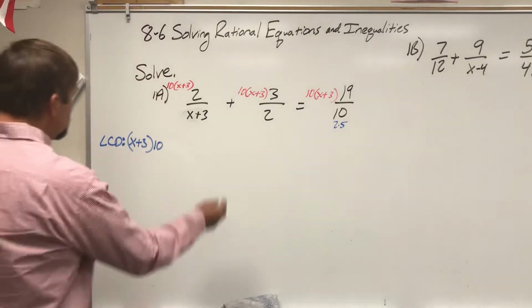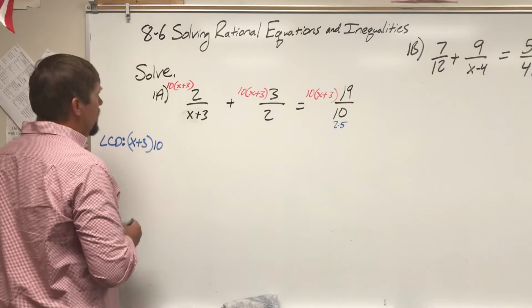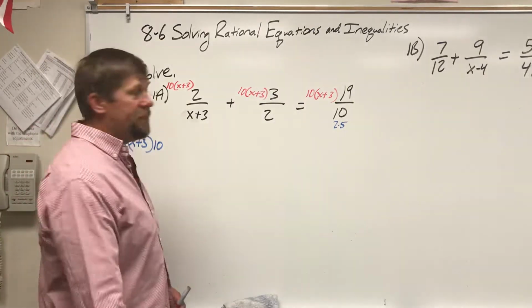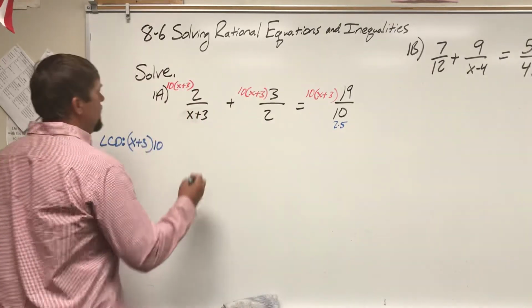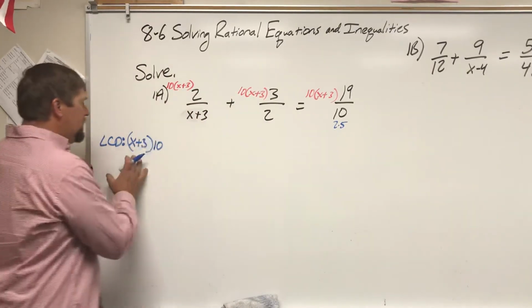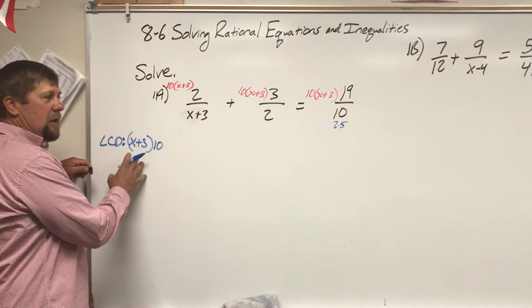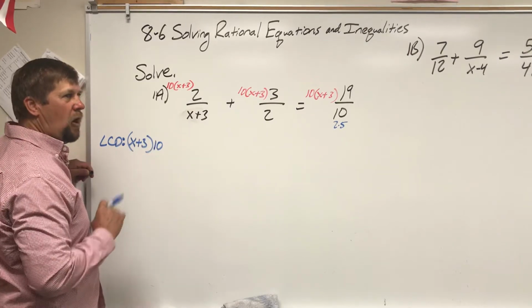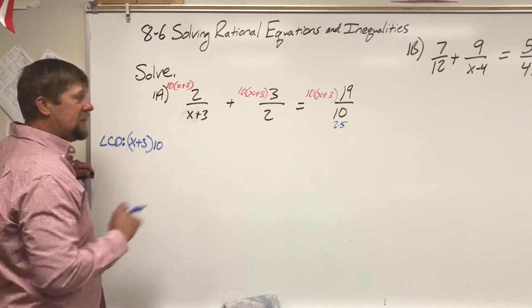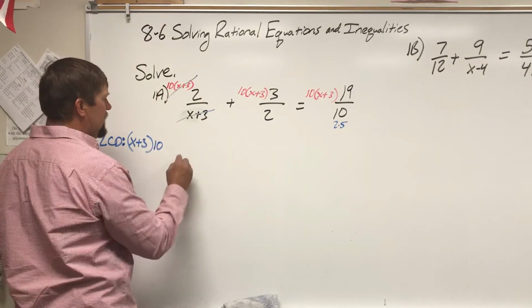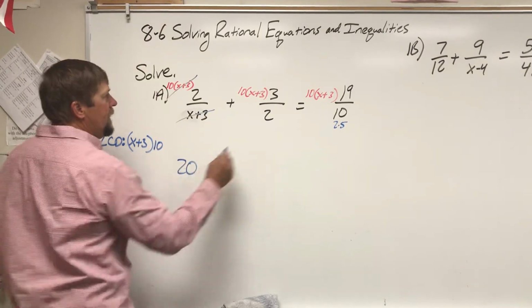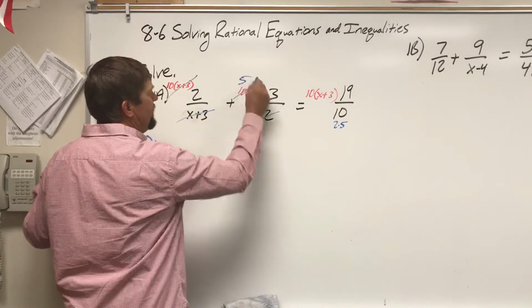Now, in this one, I am going to simplify before I actually go ahead and multiply. By multiplying by the least common denominator, I'm able to get rid of all of the denominators. That's the key. So here I'm going to be able to cancel out the x plus 3's, leaving me with 20. This one, 2 goes into 10 5 times.